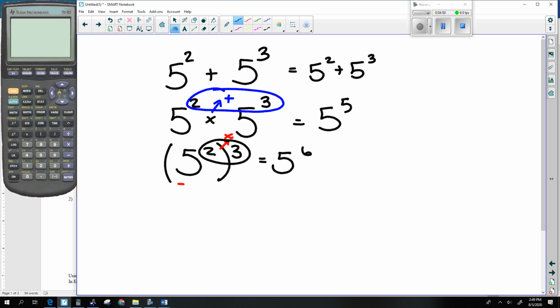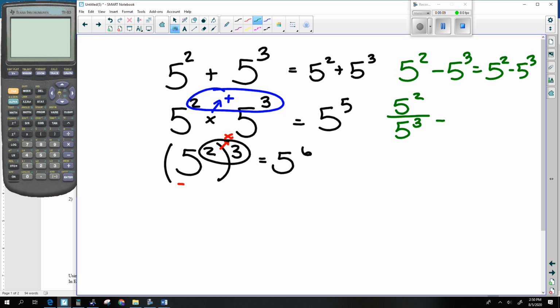And then similar things happen when you have the negative versions of these, like 5 squared minus 5 to the 3rd. Nothing happens. It is what it is. When you divide, when you have 5 squared divided by 5 to the third, all right, you subtract.